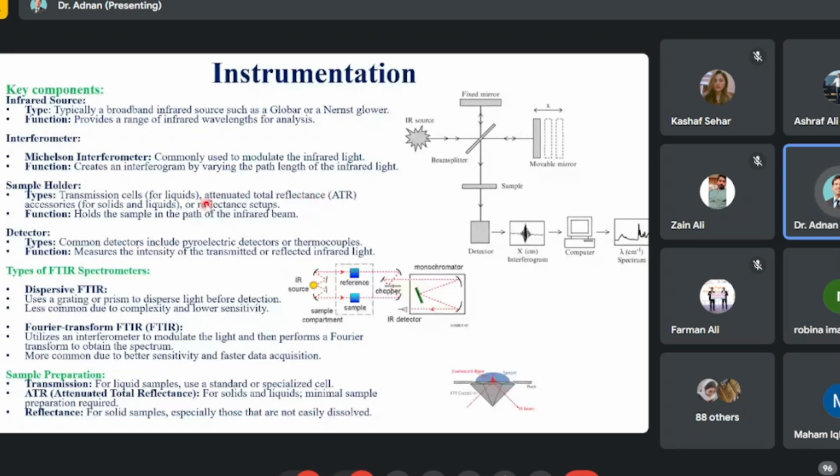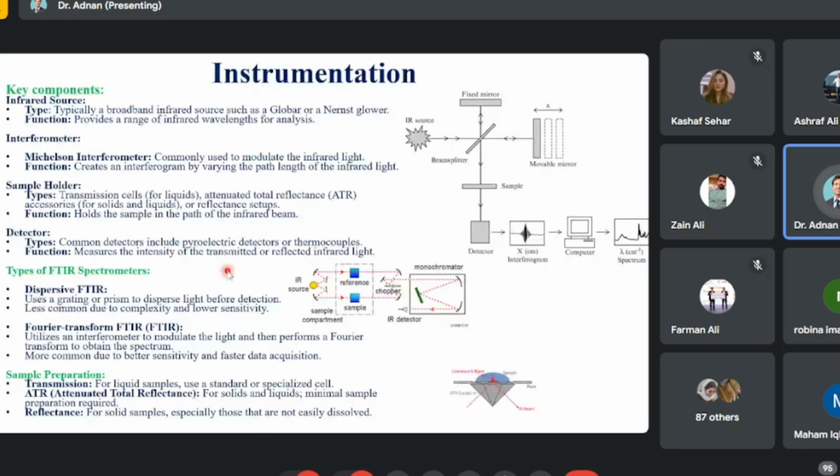It can also be a reflectance setup for solid substances. That will also be described in the coming slides. The last one is the detector. Common detectors include pyroelectric detectors or thermocouples.